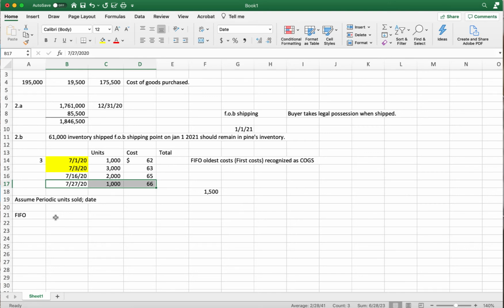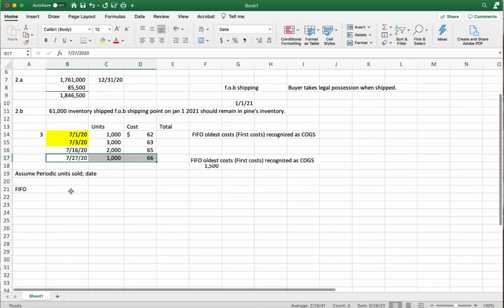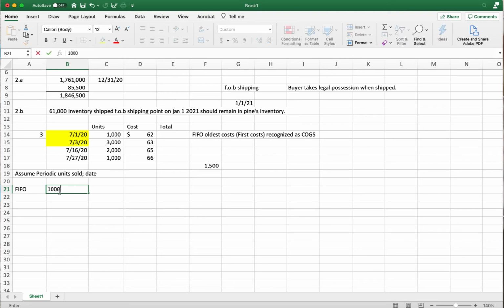So I'm going to put in my 1,000 units at $66, which gives me 66,000. Then I still have 500 more units to go, right? Because my on hand, or my ending inventory, is that 1,500 units, okay?